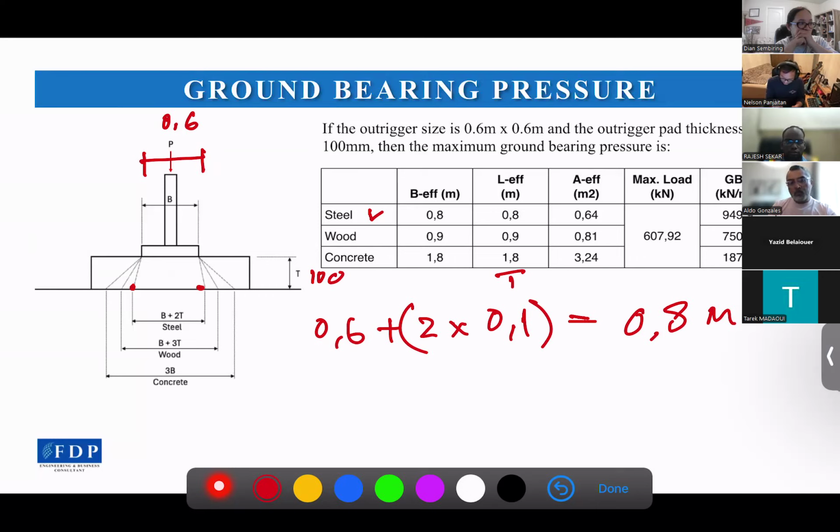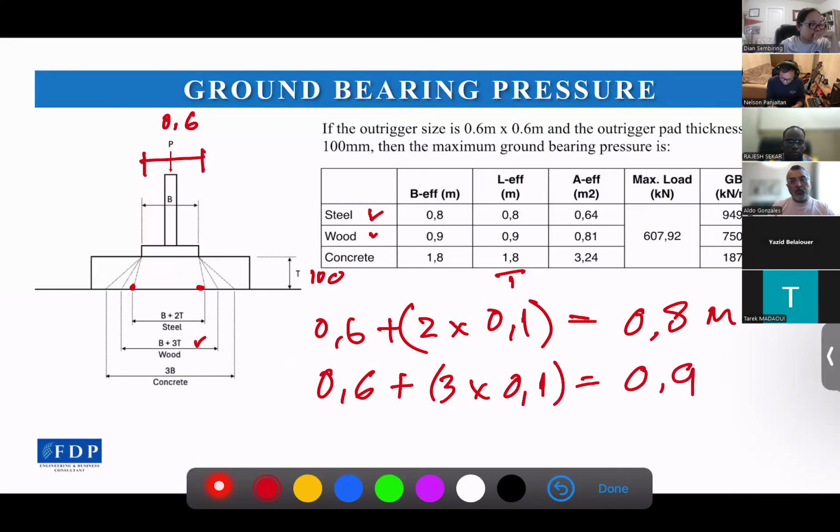Now, if it's a wooden bearing pad, it will have a different distribution angle. So we will use B plus 3 times the thickness. So it will be 0.6 plus 3 times 0.1, and it will be 0.9 meters, which gives a bigger effective area.